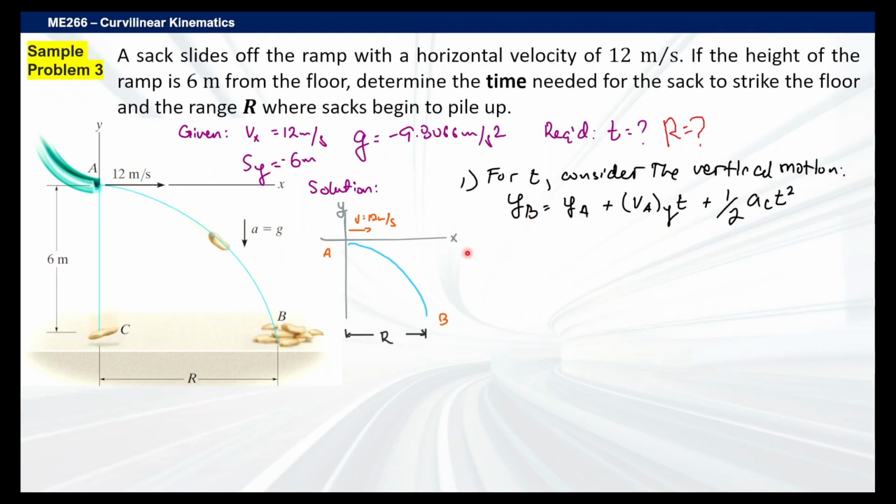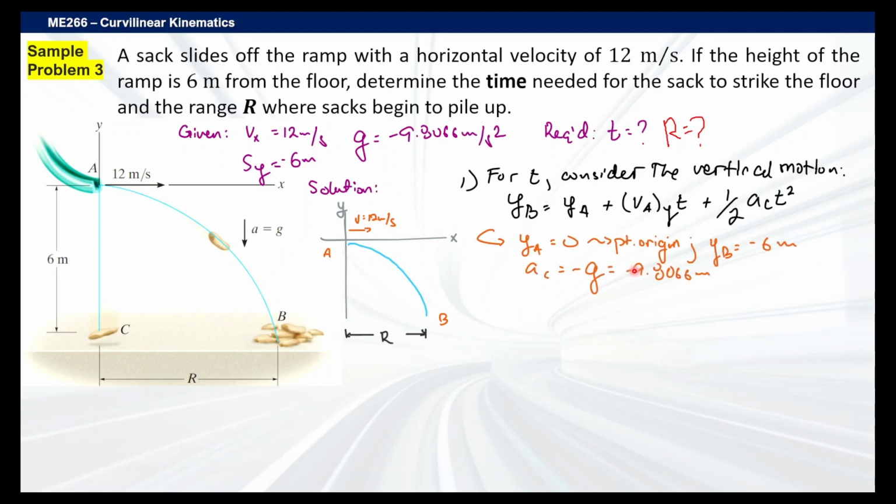And then our YB here, either C or B, will be negative 6 meters still. And since our gravity is negative g, which is constant, this means there's no change in velocity here, making our VAY 0.